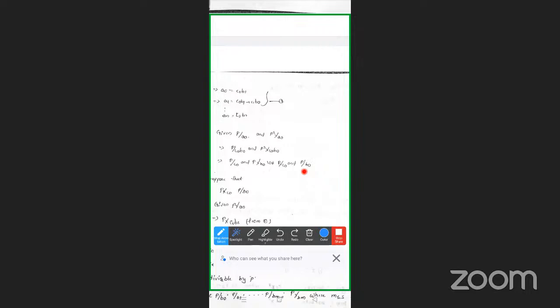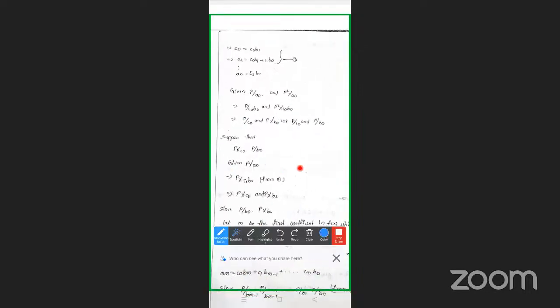So here we are taking two cases. Suppose, first case, p does not divide c naught and p divides b naught, and also given that p does not divide an.